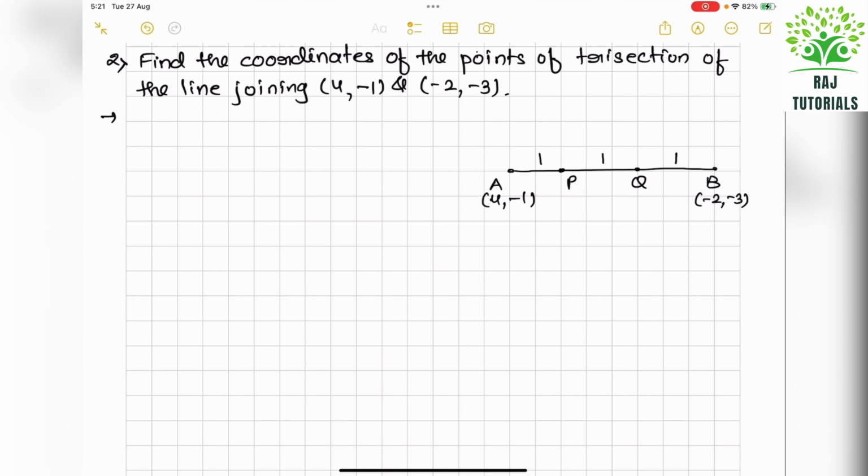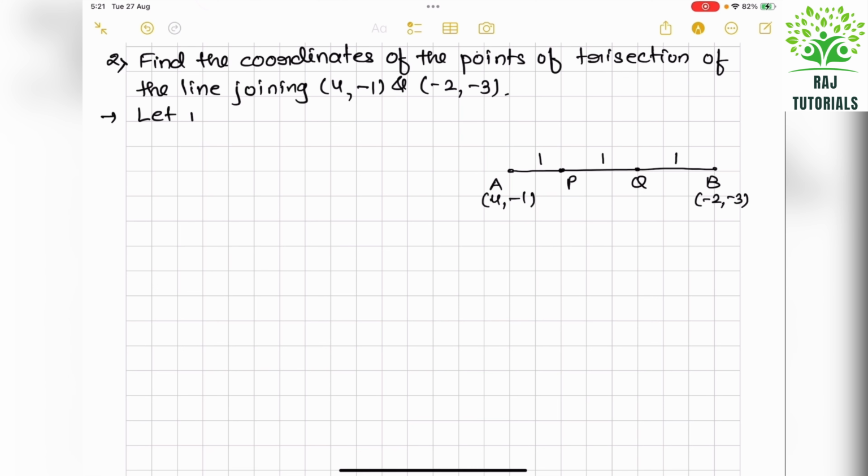Now next question says find the coordinates of the points of trisection of the line joining (4, minus 1) and (minus 2, minus 3). So I have drawn a line AB with the given points, and P and Q are the 2 points at which they are dividing the line into 3 equal parts. So let me write the statement also.